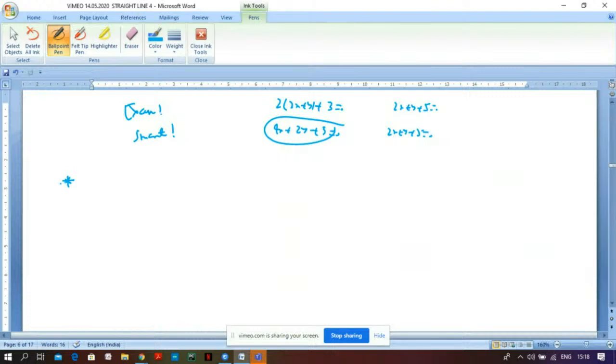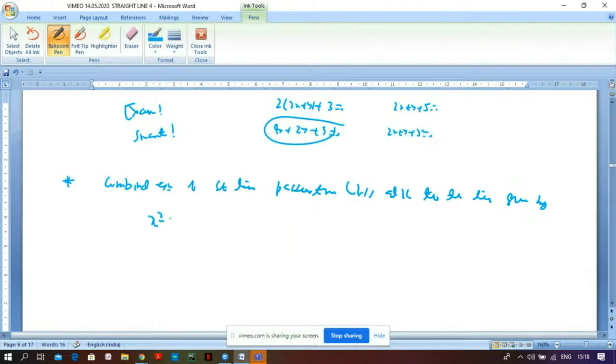Let's do one more kind, where you want to find the combined equation of straight lines passing through (1, 1), and parallel to the lines given by x squared minus 5xy plus 4y squared plus x plus 2y minus 2 equal to 0.